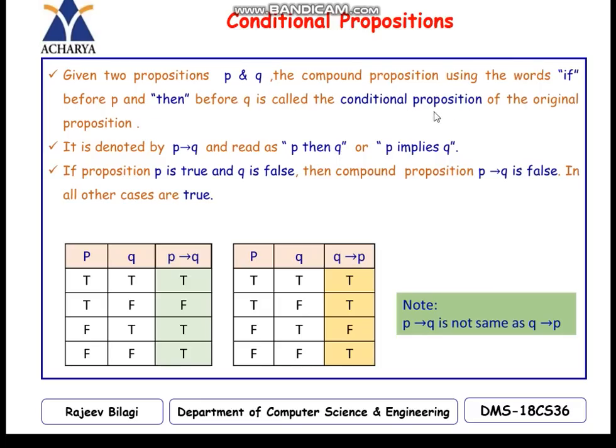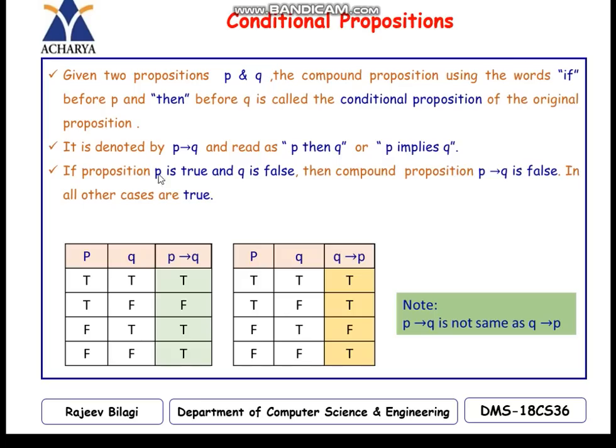So the conditional proposition of the original propositions is if P then Q. It is denoted by P arrow Q, and it is read as if P then Q, or P implies Q. Now, if P then Q is called a conditional proposition, which is a compound proposition of P and Q.